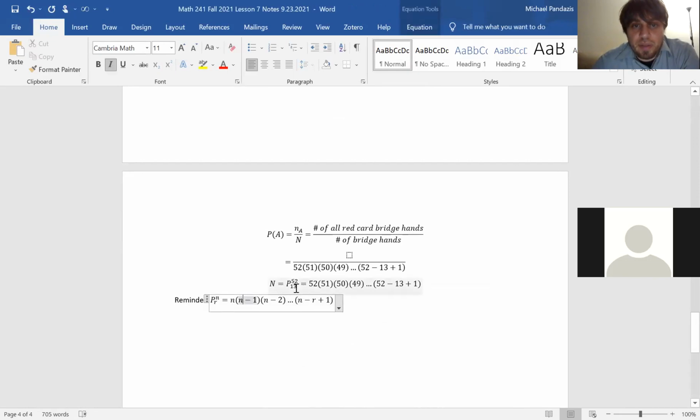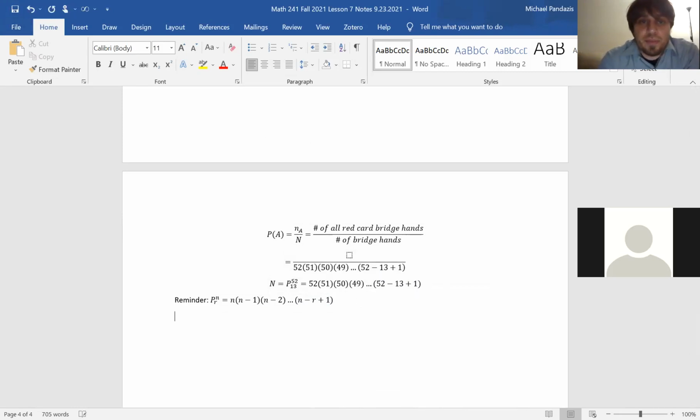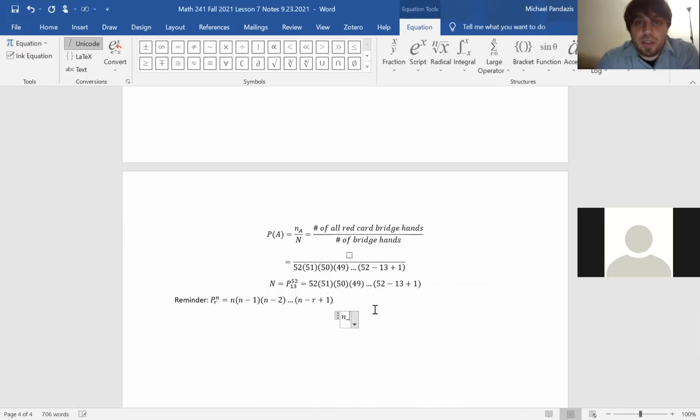So it's 52 times 51 times 50 times ... times 52, which is N, minus 13, which is R, plus 1. And so you get that product here. And so the numerator is the number of all red card bridge hands, N sub A.